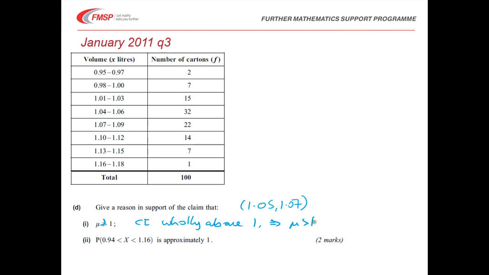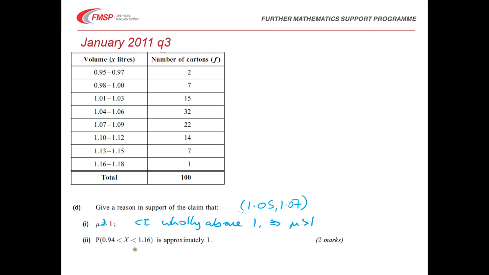And then for the final aspect, we've got to work out the probability that x is between 0.94 and 1.16, being roughly equal to 1. If we think about this, we can clearly see that we've got some symmetry about 1.